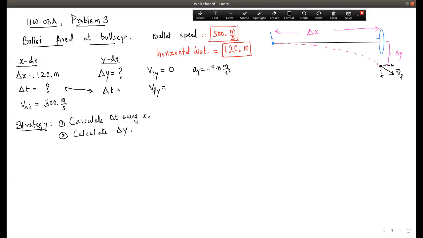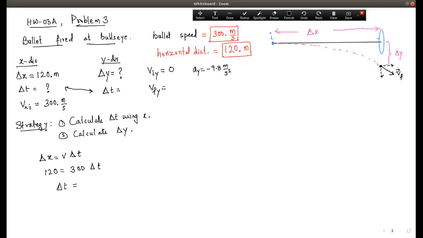We do know that the x direction is moving with uniform velocity. So delta x is equal to v delta t, right? V here is vx initial. So that's 120 is equal to 300 times delta t. And that gives us delta t is equal to 120 divided by 300.